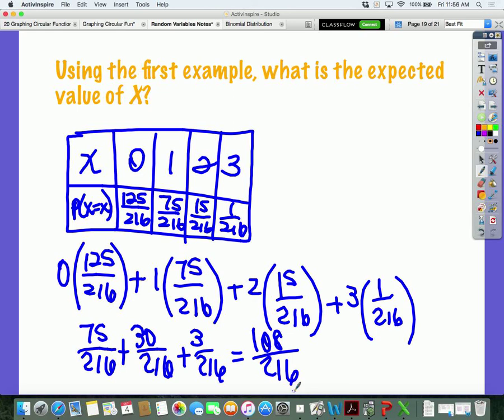It is the average value that we would get over a certain number of trials. So if we were to roll this, you would write E of X equals 108 over 216. That represents the expected value of you rolling a 6 in 3 rolls.